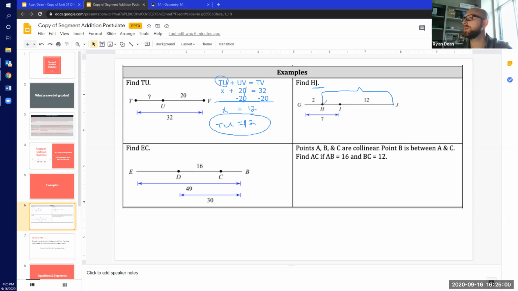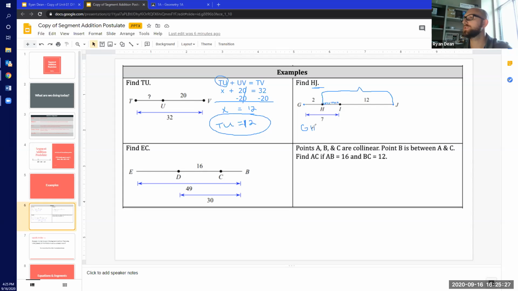So I have this little piece right in here from H to I that I don't know anything about because nobody told me anything about it. So I'm going to use some of the other numbers that they provided for us to figure out what HI is. Okay, so I know that from G to H, that distance is 2.